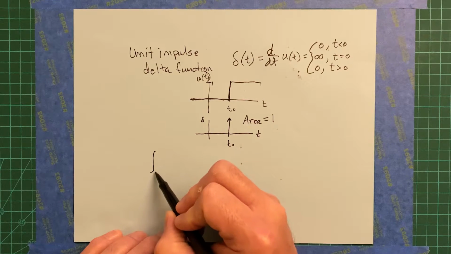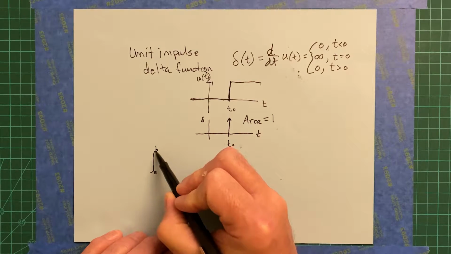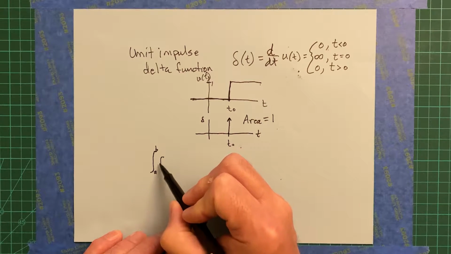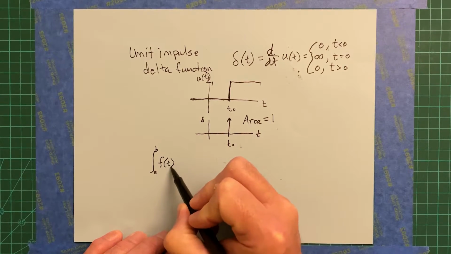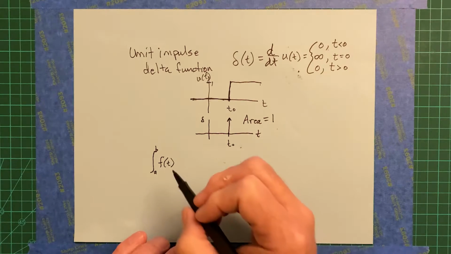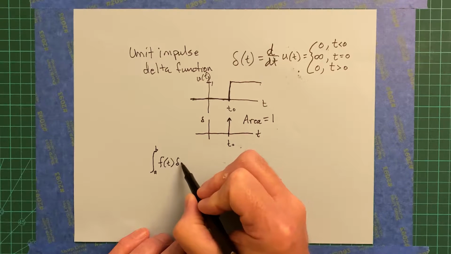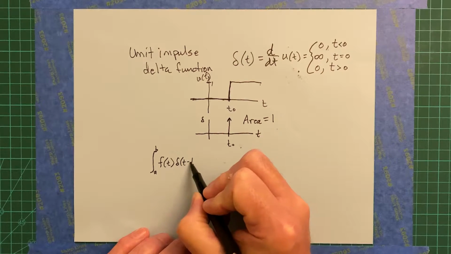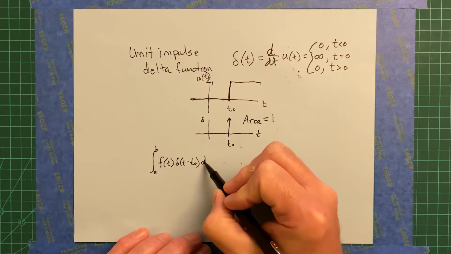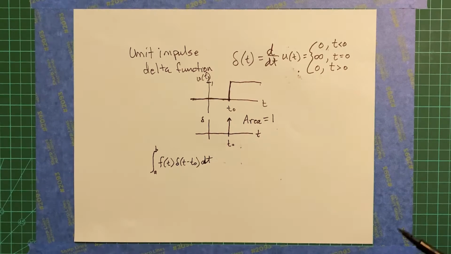Let's say we're going to integrate from a to b, some arbitrary boundaries, and we're going to integrate some function, which is just some arbitrary function of time, any function of time. But we're going to multiply that times delta t minus t naught, and then we're integrating over dt. Okay.